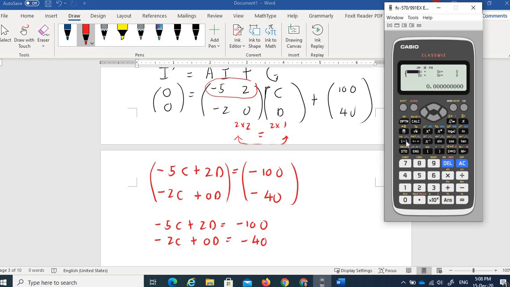Key in the coefficients. You have negative 5, 2, negative 100, negative 2, 0, negative 40. So you get x, which is actually the C here, as 20, and D is 0.